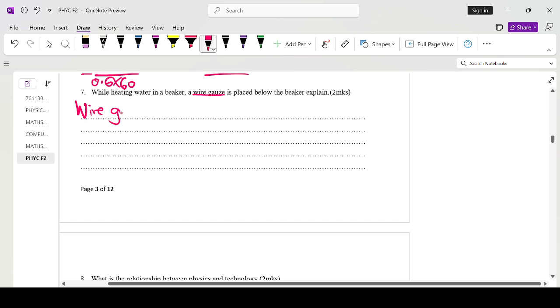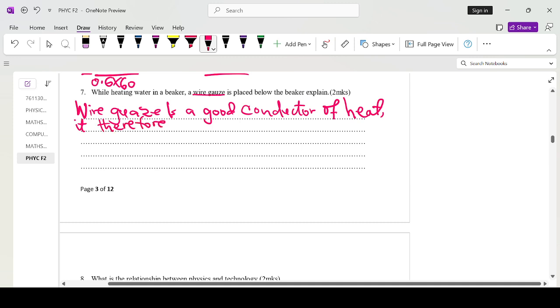wire gauge is a good conductor of heat, comma, it therefore spreads the heat to a larger area of the vessel.